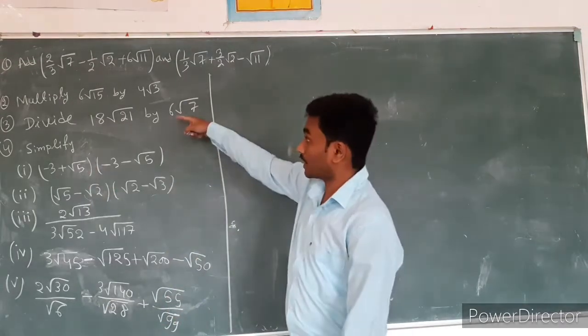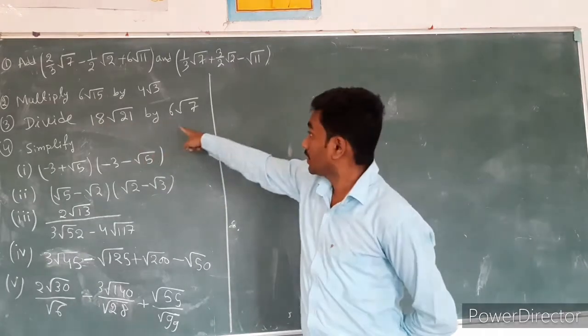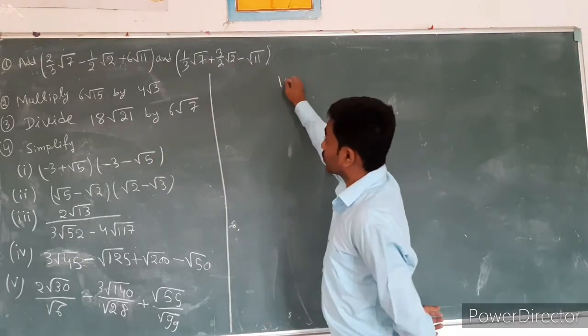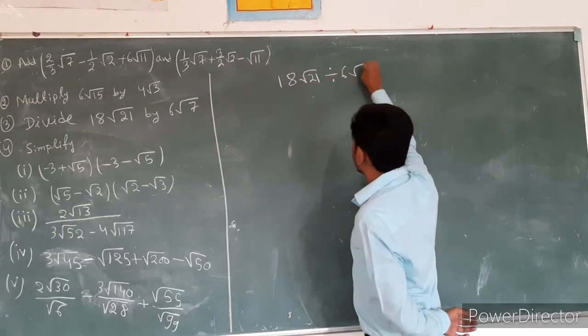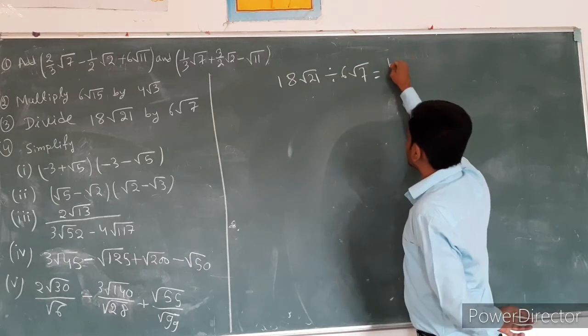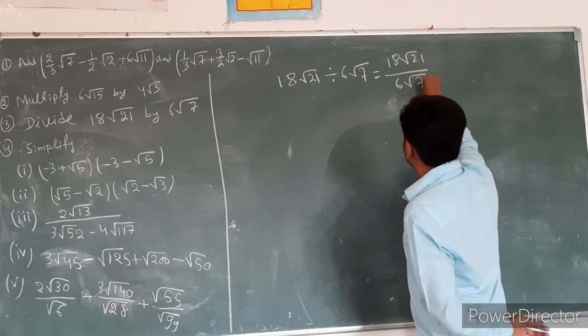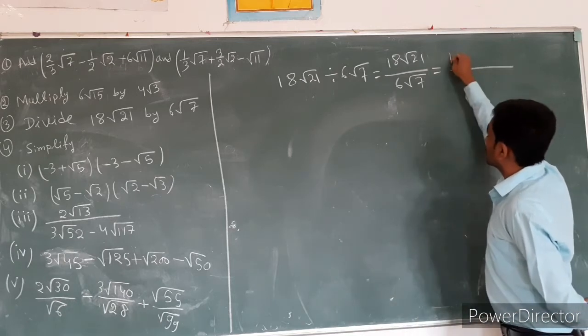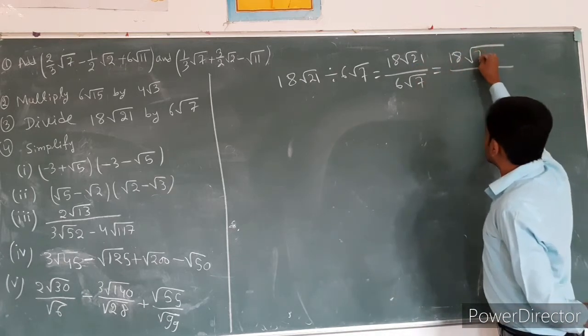Now we solve the third question, that is divide 18 root 21 by 6 root 7. So 18 root 21 divided by 6 root 7 is equal to 18 root 21 upon 6 root 7. We can write 21 as 7 into 3.